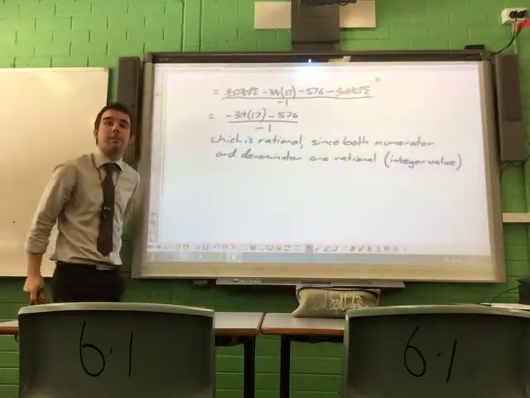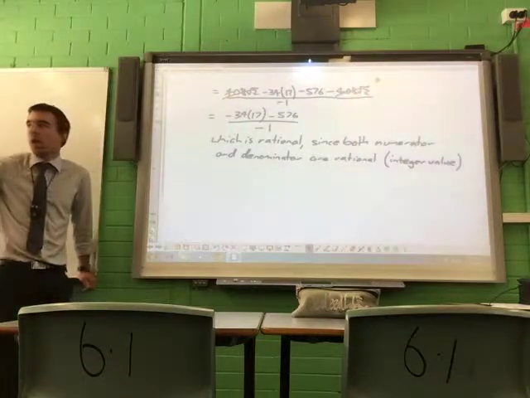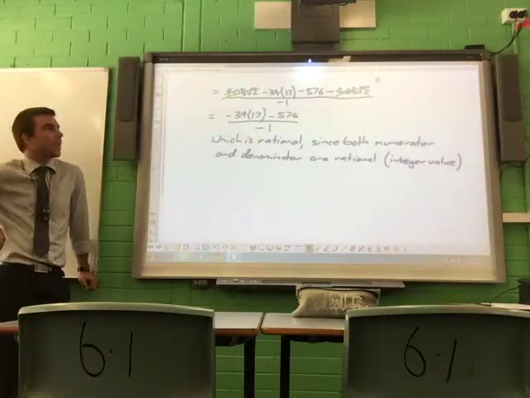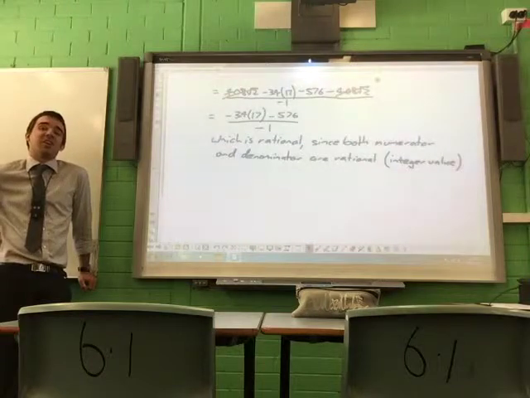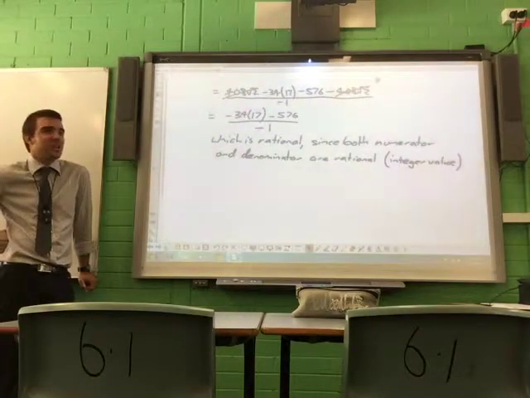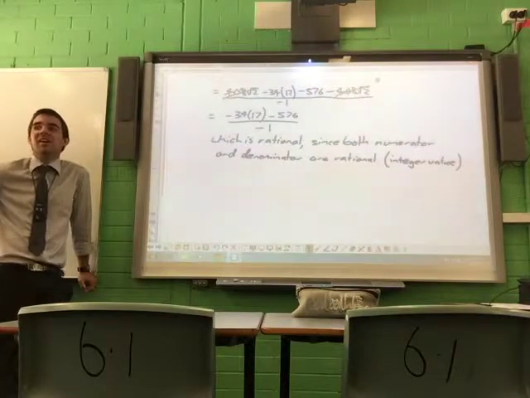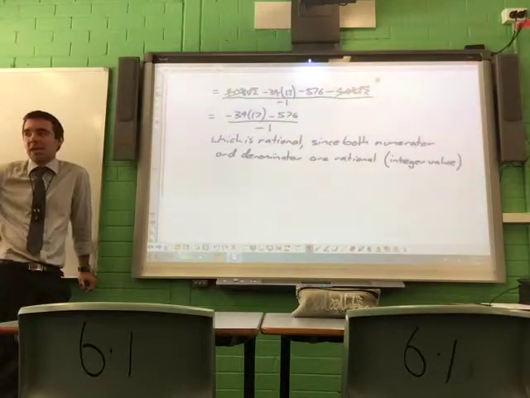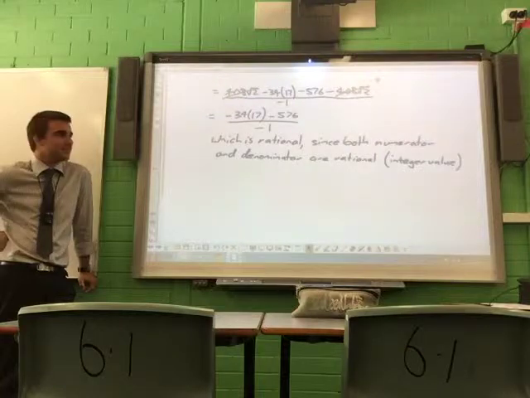Once we've shown that top and bottom are integers, we can stop. So with this sort of question, you can't just go to your calculator, back to your original question, and show that it's a fraction of integers. You have to show it, therefore you actually need to go through that working and justify it.